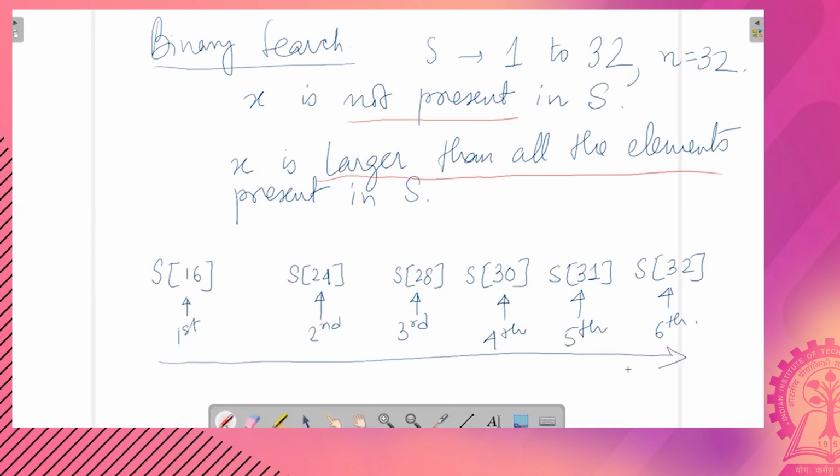Now, if you look a little more carefully, then you will observe what this number of comparisons boils down to. So 6 is log 2 of 32 plus 1. So log 2 of 32 is 5, as you know, and 5 plus 1 is 6.